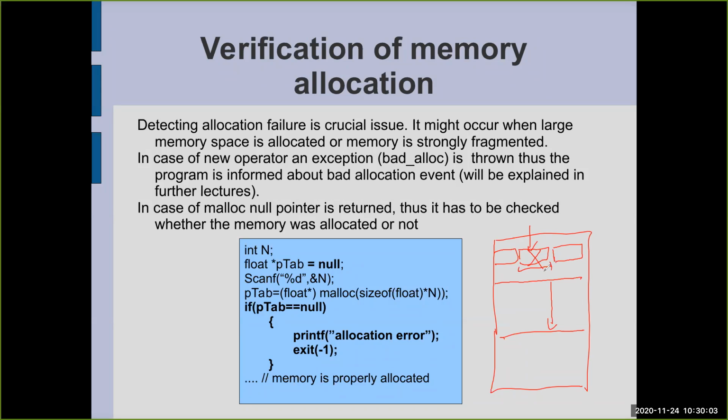So even if the available memory is higher, here I can only allocate a block which can fit in this space. So malloc and the new operator require a continuous block of memory to allocate.